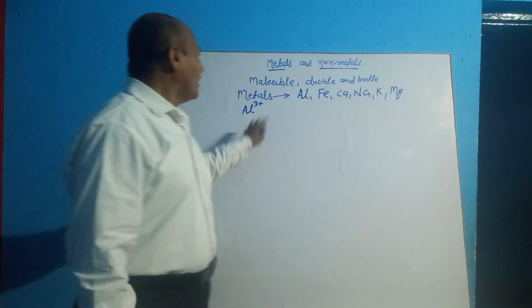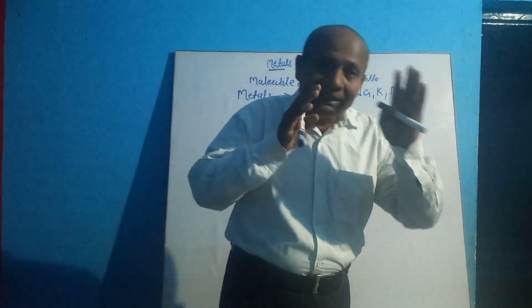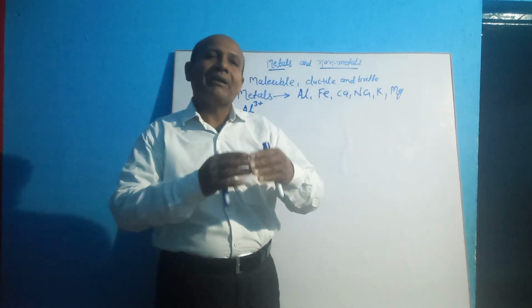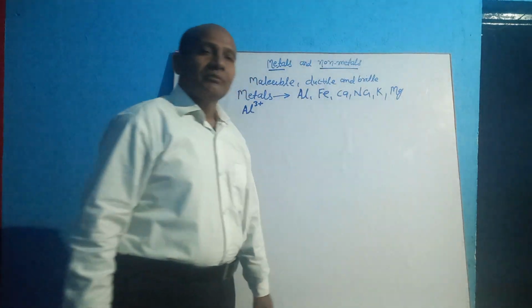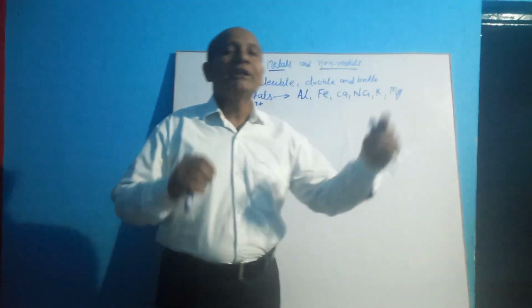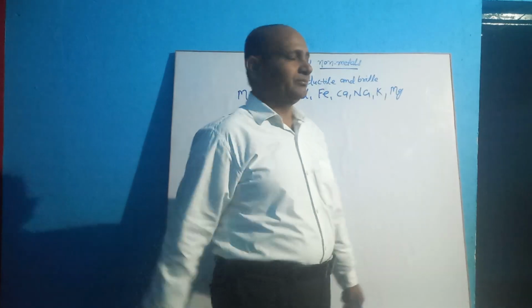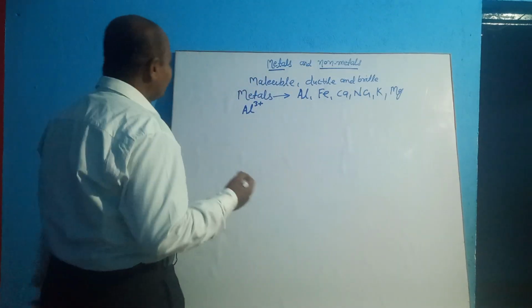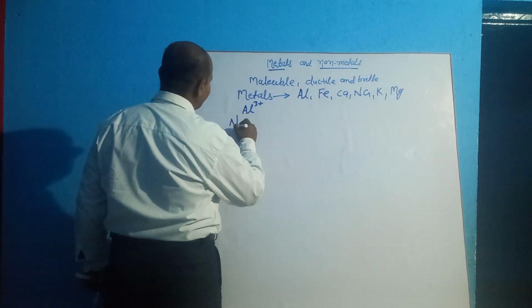The majority of metals in the earth crust in decreasing order of their abundance are aluminum, iron, calcium, sodium, potassium, magnesium. Next, we will define non-metals.